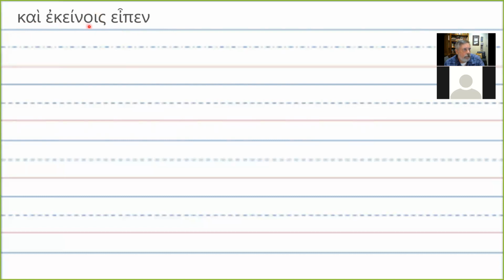Notice that it's in this omicron iota sigma case ending here. The omicron is part of the stem ending, but the iota sigma, is this singular or plural? It's plural. Now, is this a near demonstrative pronoun or a far demonstrative pronoun? The EK is the key right there. All EK is going to be far.